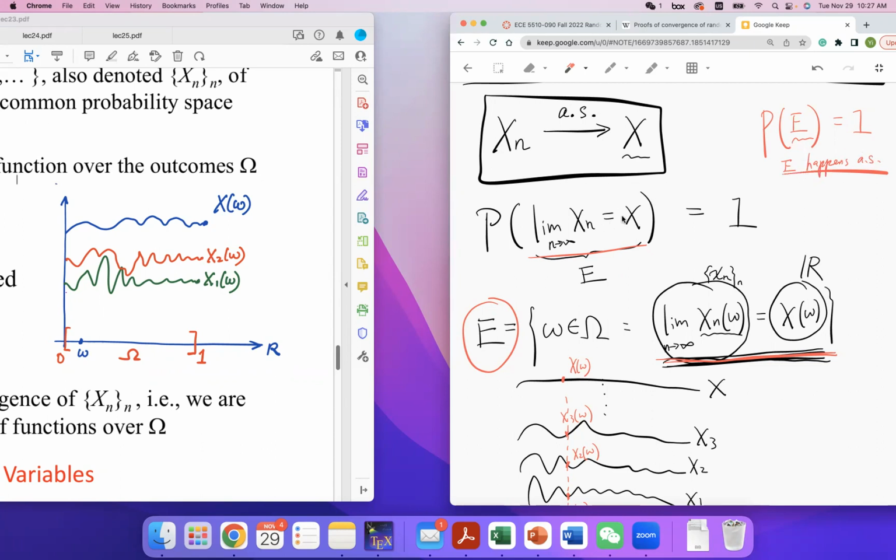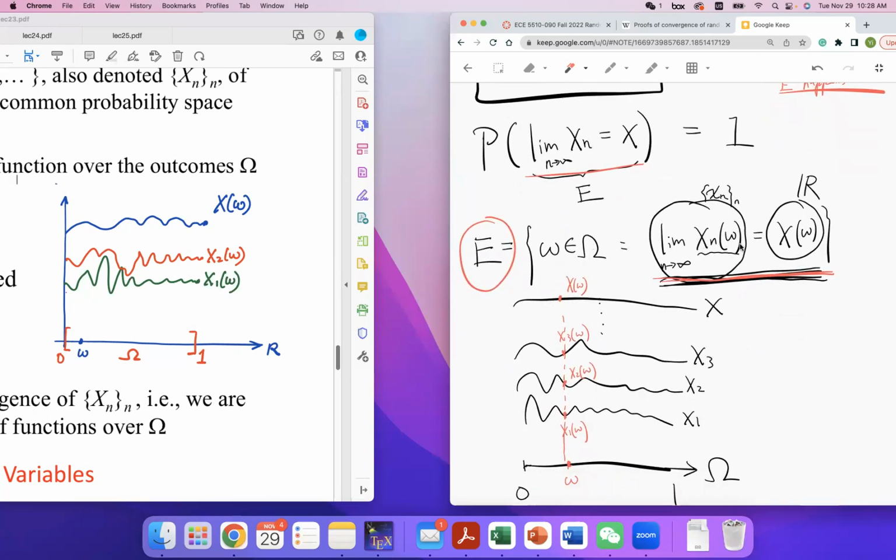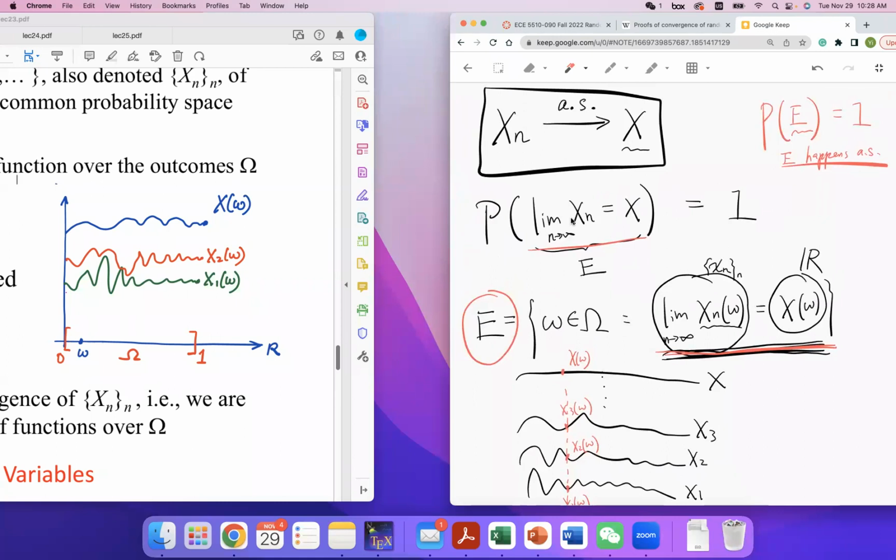In this specific case, E is defined by all the omegas for which the sequence of realizations of this sequence of random variables converges to the realization of the target random variable. And such an event E has probability measure 1. Then we call this almost sure convergence. So the almost sure really comes from this definition.